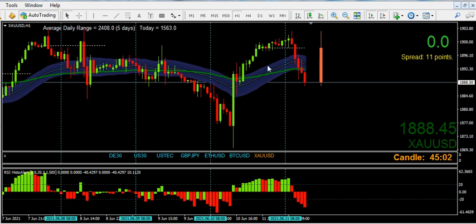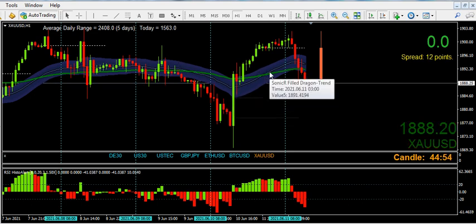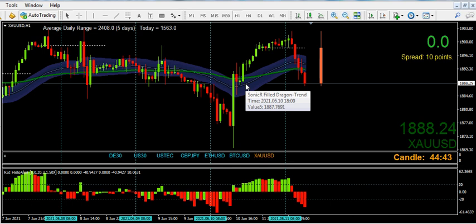And the guy that devised the dragon with the 34 EMAs could just as easily have picked the 33s, 32s, 35s, whatever. The guy that picked the 89 EMA could just as easily have picked the 90, 93 or 85.